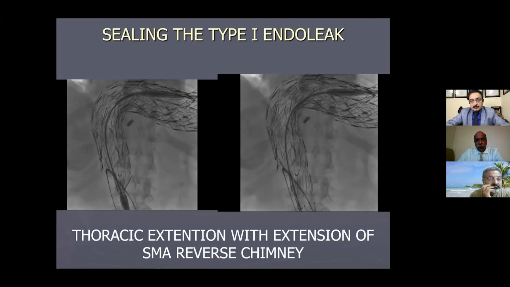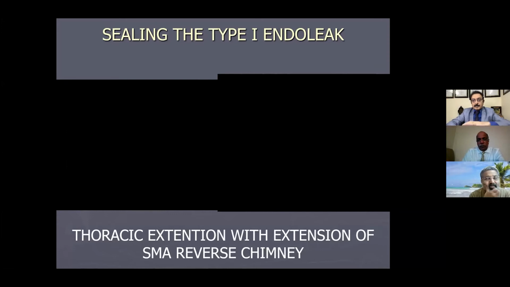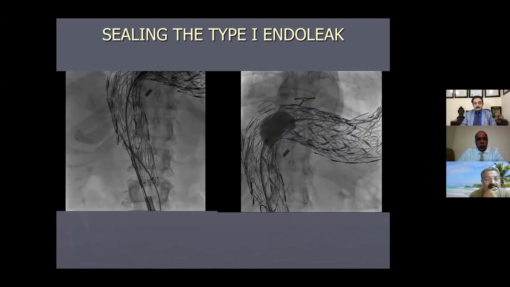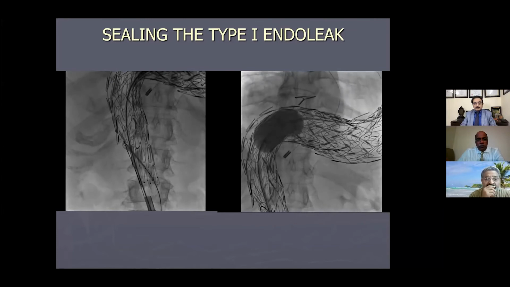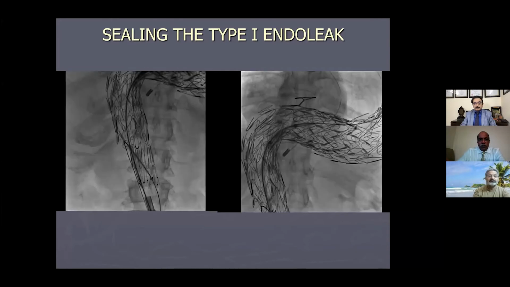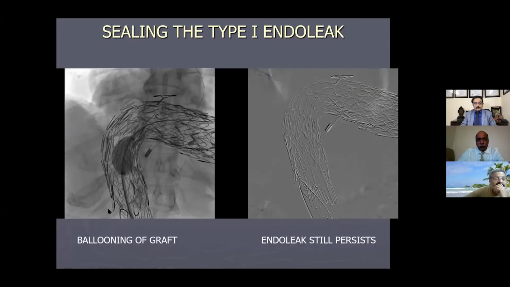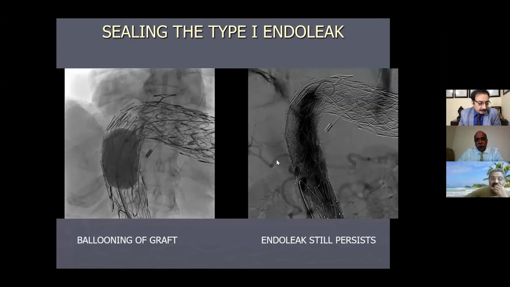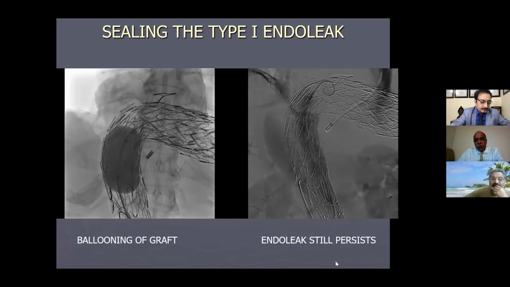And after we extended the thoracoabdominal segment graft lower down, we balloon dilated the whole segment, and we took an angio. And once you see the angio here, you are still seeing an endoleak lower down.